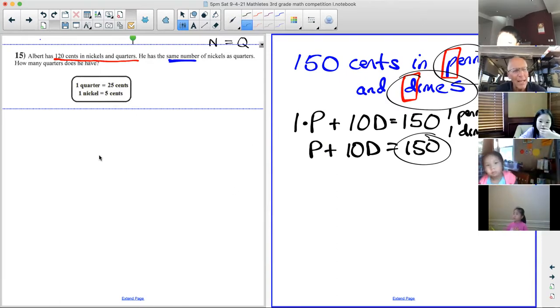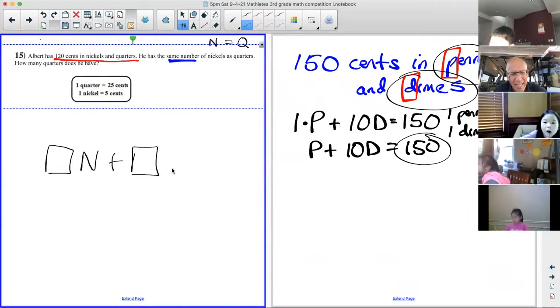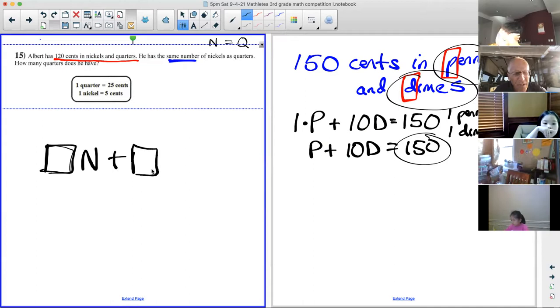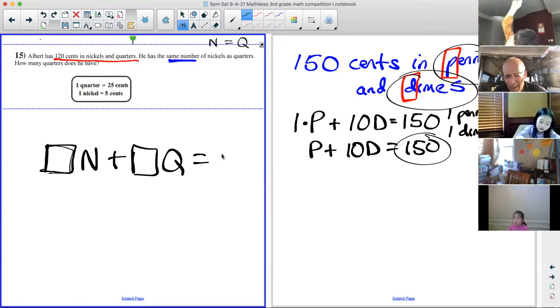Think about how you could write the number of cents in a nickel plus the number of cents in a quarter, equals how many total cents? What do you think? How many total cents, guys?